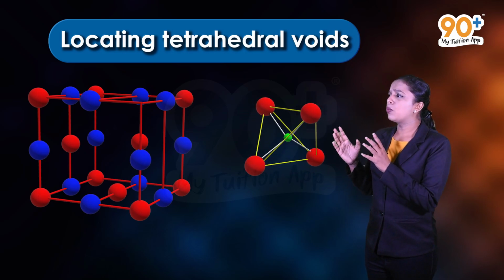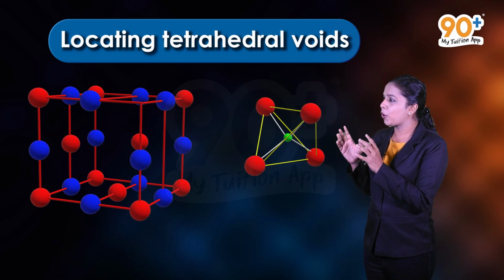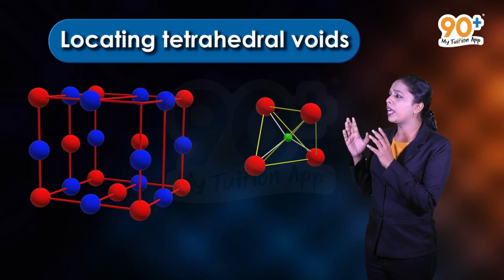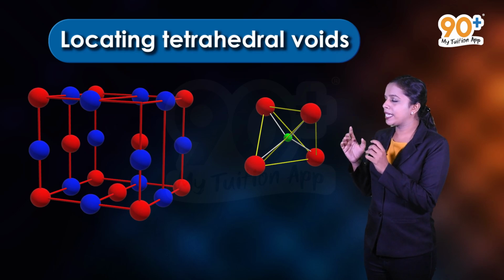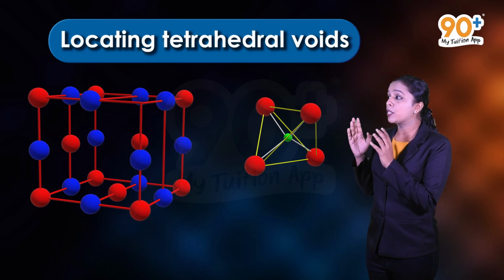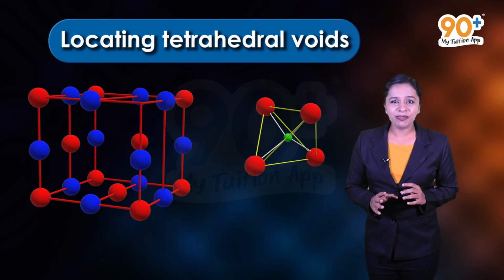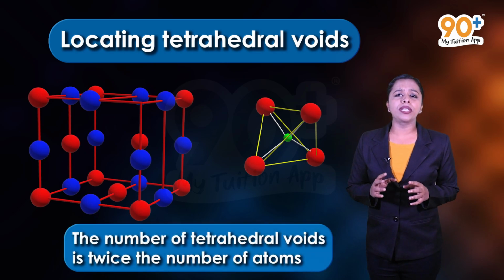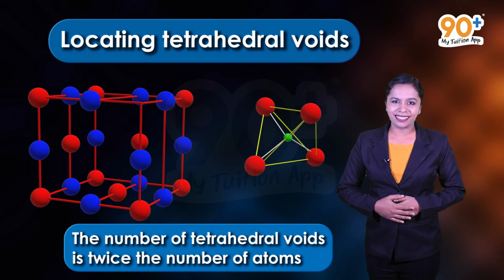Thus, there is one tetrahedral void in each small cube and 8 tetrahedral voids in total. Each of the 8 small cubes has one void in one unit cell of CCP. CCP structure has 4 atoms per unit cell. Thus, we can say that the number of tetrahedral voids is twice the number of atoms.